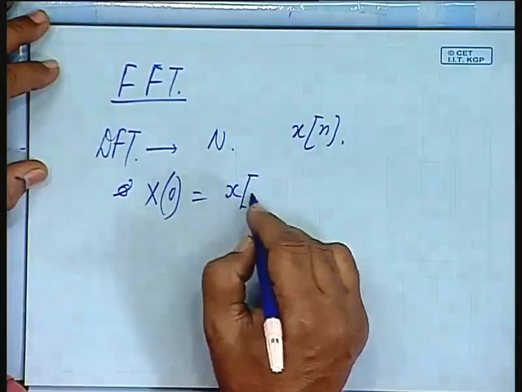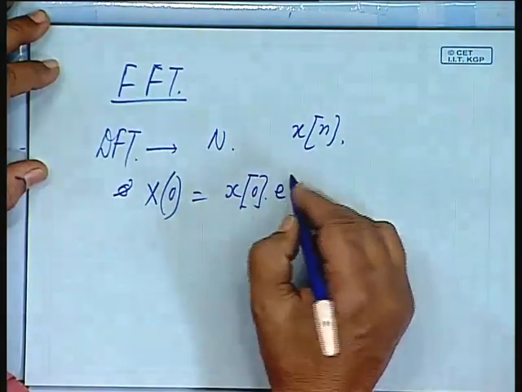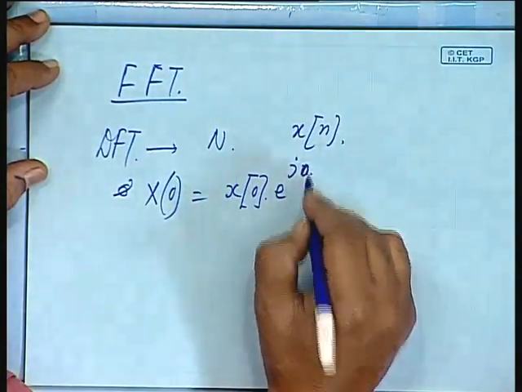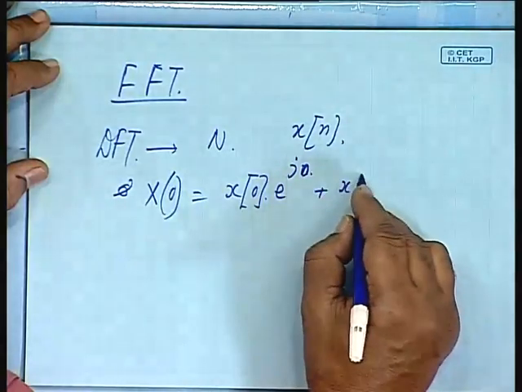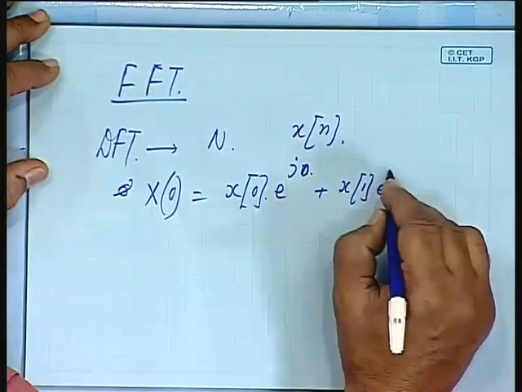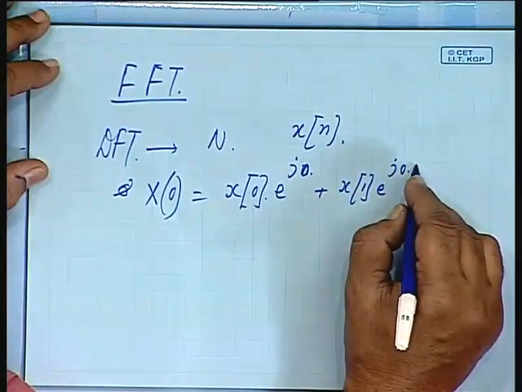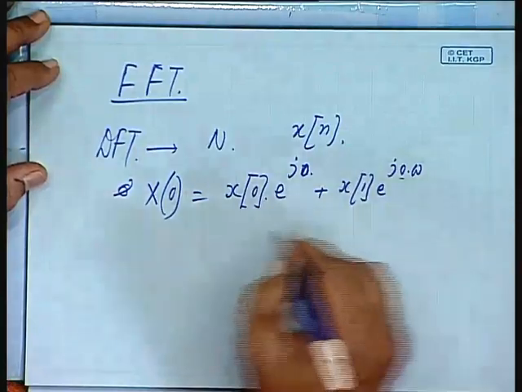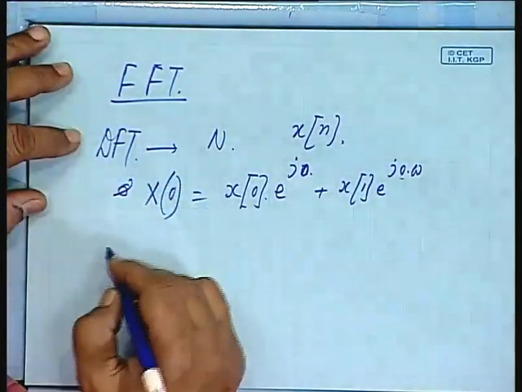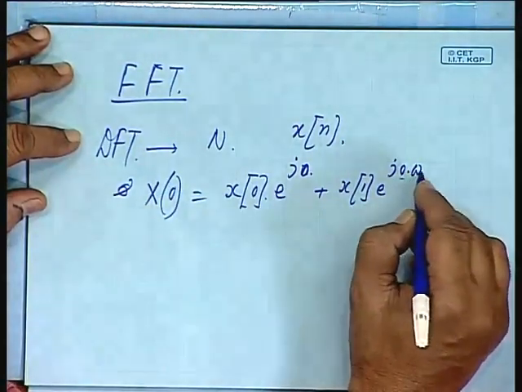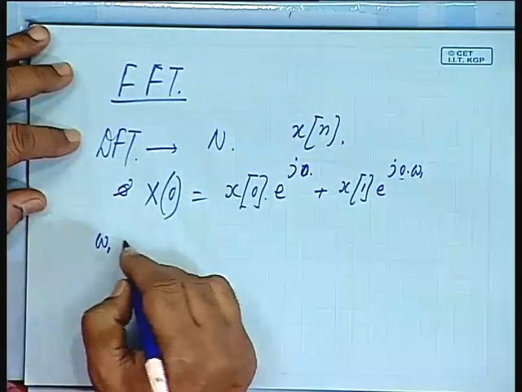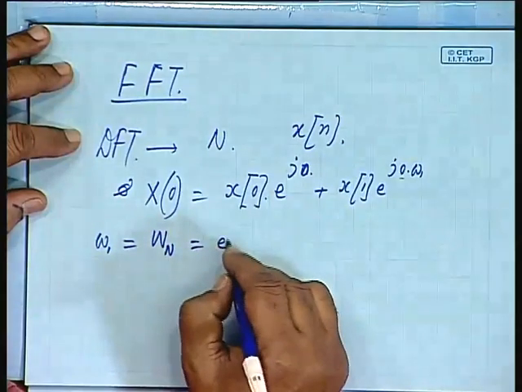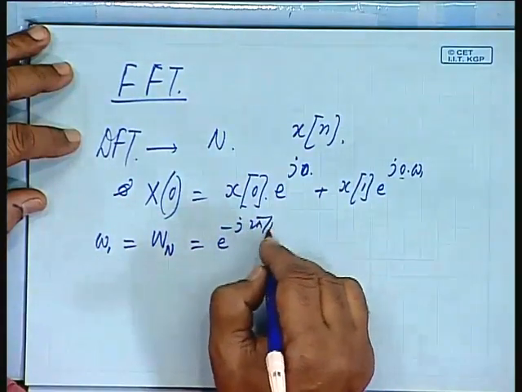how do you compute? x0 into e to the power j 0 plus x1 into e to the power 0 into omega, and so on, you keep on writing. And in DFT, this step of omega will be omega n, which is e to the power minus j 2 pi by n.